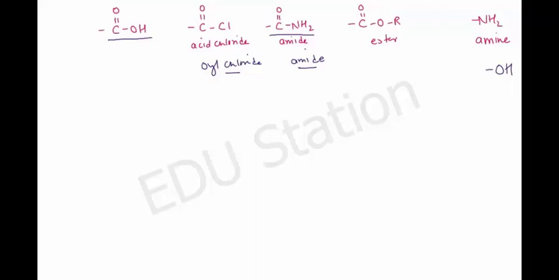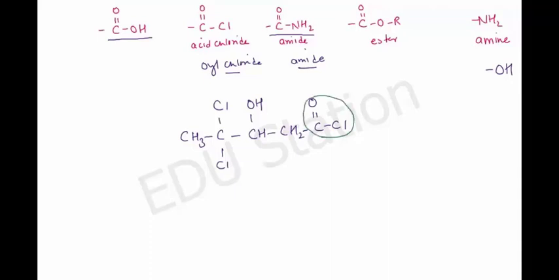Now, if we have, say, this is a very simple name. If you have COCl, this is acid chloride, this is alcohol, this is chloro, and this is chloro.